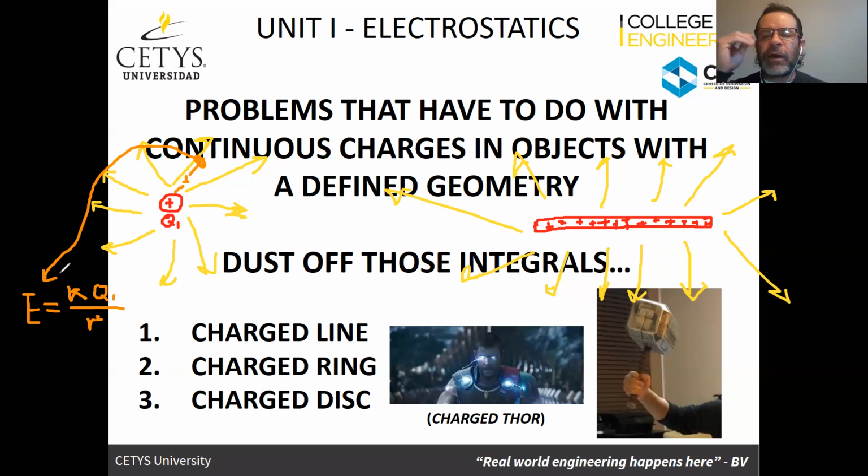But what happens if now we have a line charge, or a charged line? And I want to locate myself here, at this point. And I want to know, what is the electrical field due to this line charge at this point?